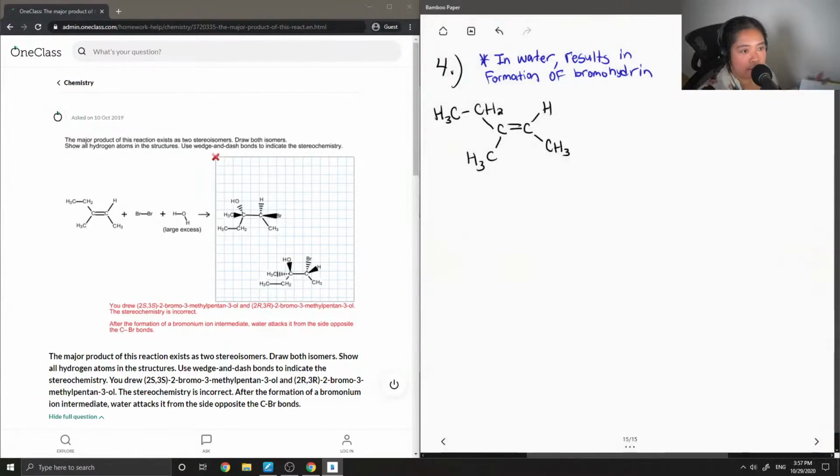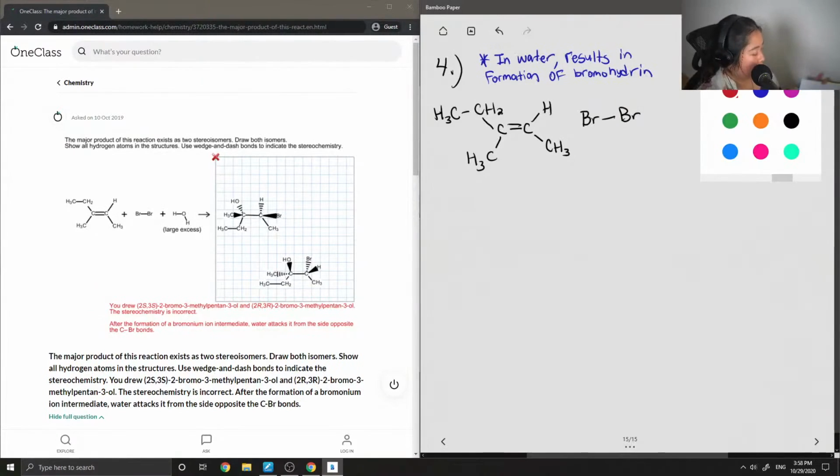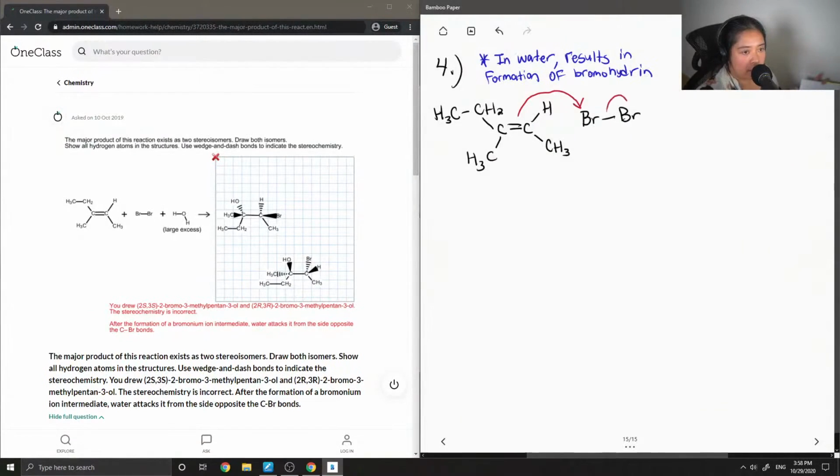Basically, I'll have the Br2 right there. And then the first step is that the double bond comes in, grabs one of the bromines, kicking off the other one. And then we're left with the following intermediate.